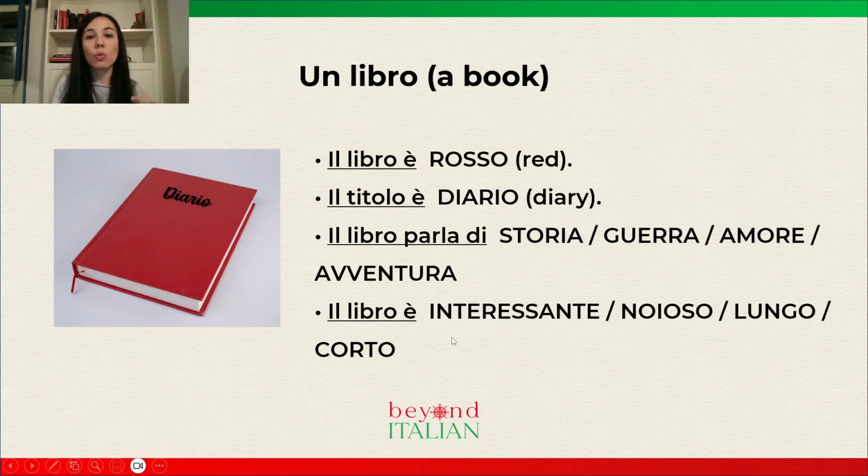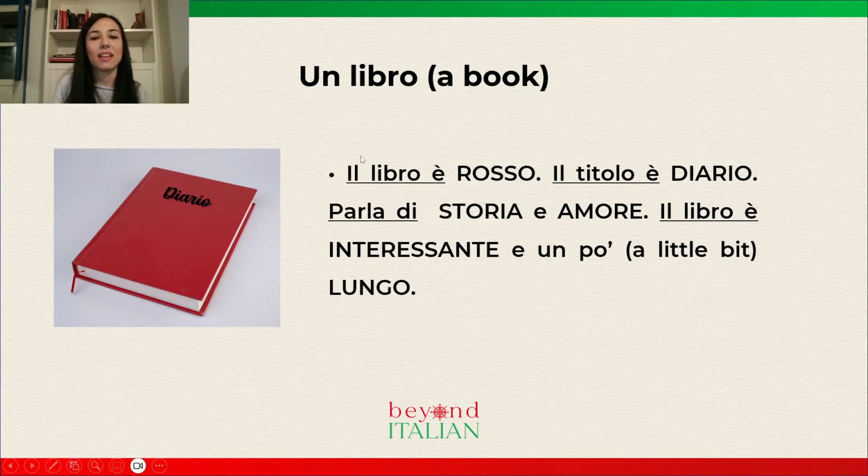And then let's see how we can build a small description with these short sentences. Il libro è rosso. Il titolo è diario. Parla di storia e amore. So, about history and love. Il libro è interessante. È un po', a little bit, lungo.